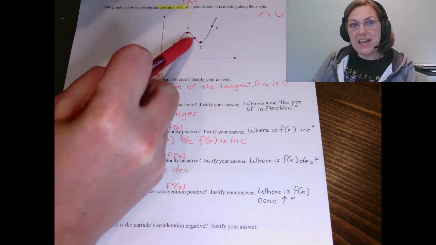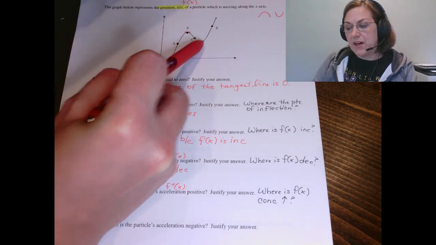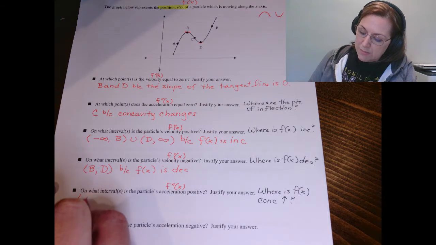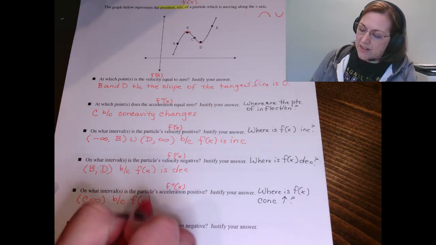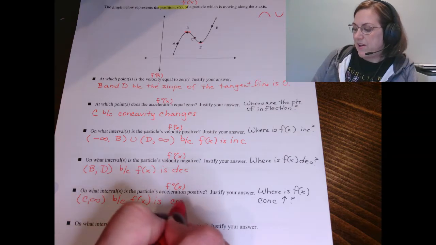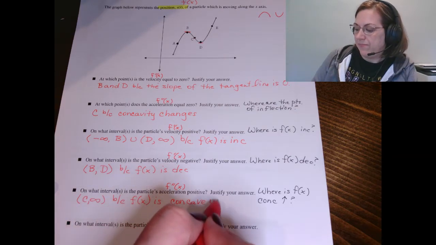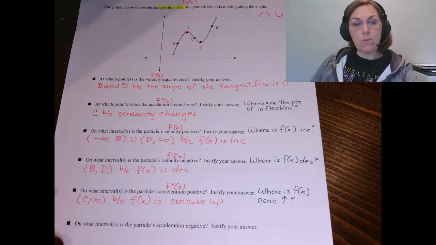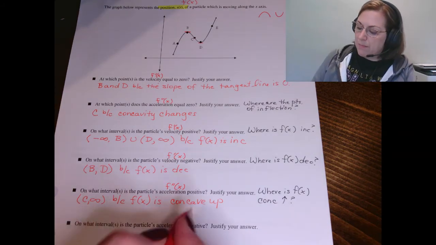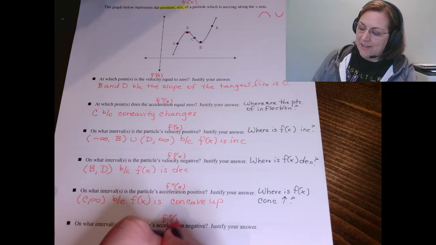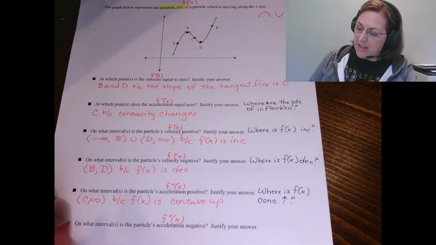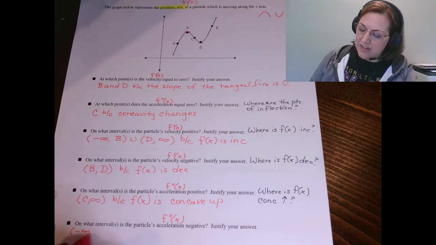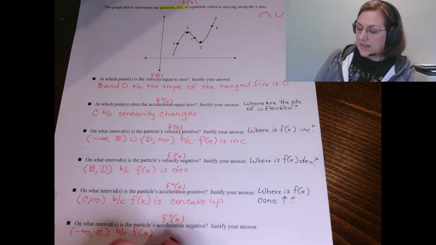Remember we changed concavity at c, so we're concave up from c on to positive infinity because f of x is concave up. And the last one then, where is the acceleration negative? This is where the function is concave down. And that's on the interval from negative infinity to c because f of x is concave down.